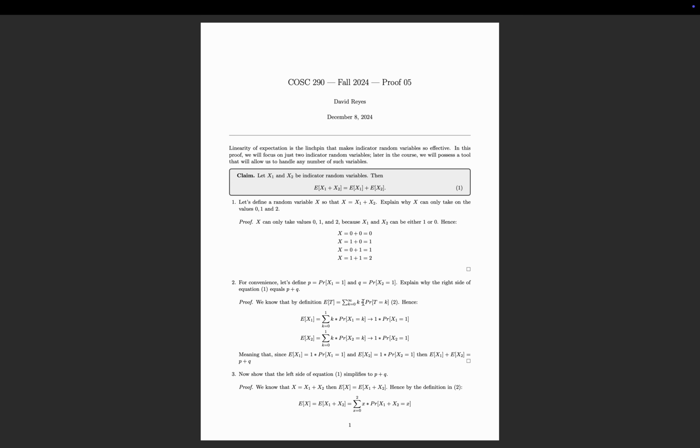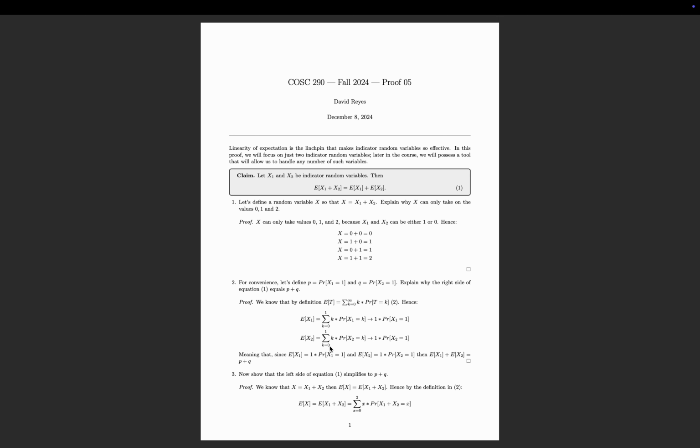Hence, if we just calculate the expected value for each of these indicator random variables with this definition over here, we end up with just the probability that x1 equals 1 for the expected value of x1, and the probability that x2 is equal to 1 for the expected value of x2.